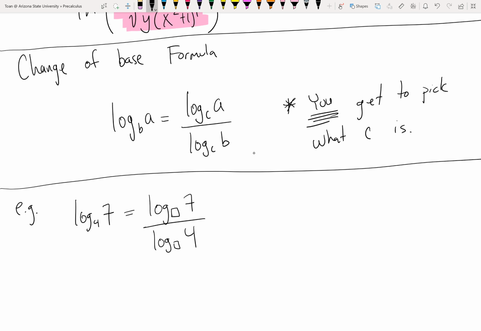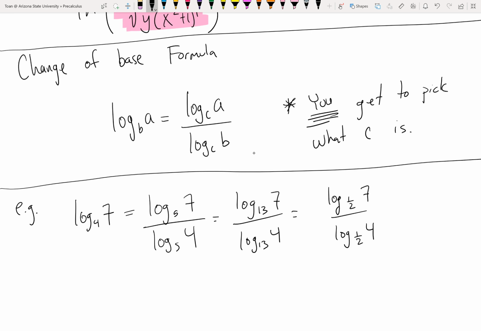And again, we can put whatever we want in these boxes. So if we wanted to, it'd be pretty stupid, but we can put a 5 in the boxes there. Or heck, I can put a 13 in those boxes there. Or heck, I can put in, let's do fractions, 1/2 in there. Why not? It's stupid. It doesn't help me solve it, but we could do it if we wanted to.